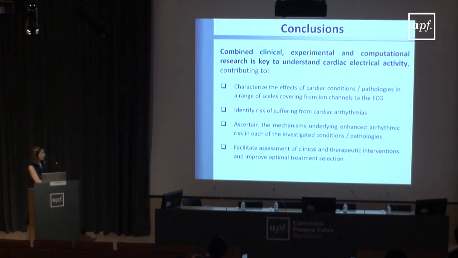Also, it's very relevant for identifying risk of suffering from cardiac arrhythmias, to understand the mechanisms that underlie this enhanced arrhythmic risk in each of the conditions, aging in our project, but other pathologies in other projects, and also to facilitate assessment of clinical and therapeutic interventions and improve the optimal treatment selection.